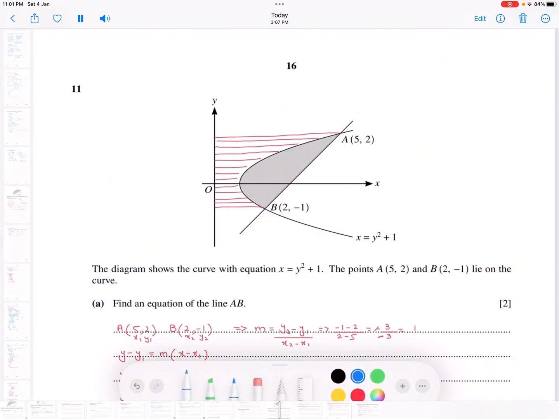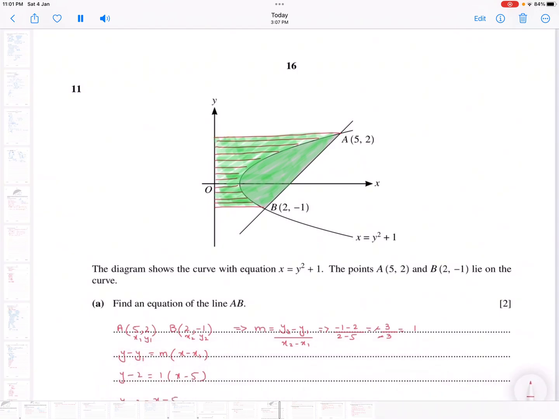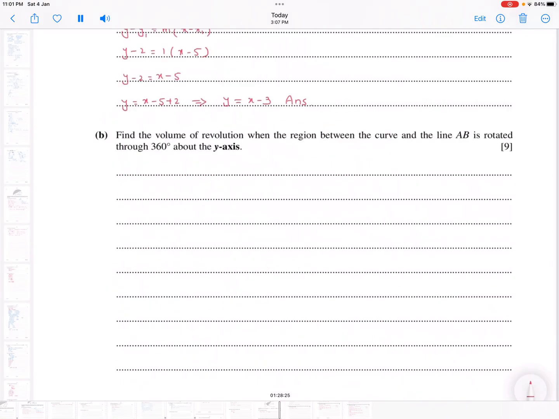Actually not first, let me color this one green. The volume of this whole portion minus the volume of the red portion will give us the volume of this shaded portion, the main diagram. So how to do this? Because it is going to revolve around the y-axis, pi x square is our formula.